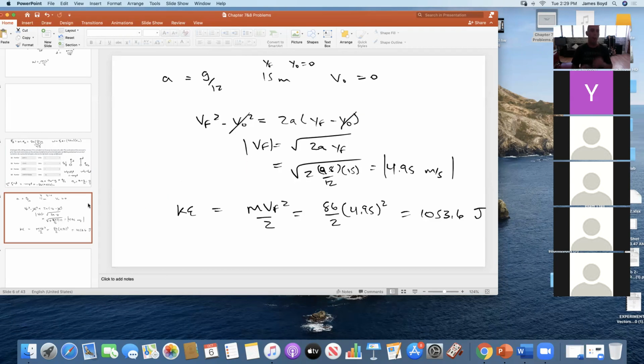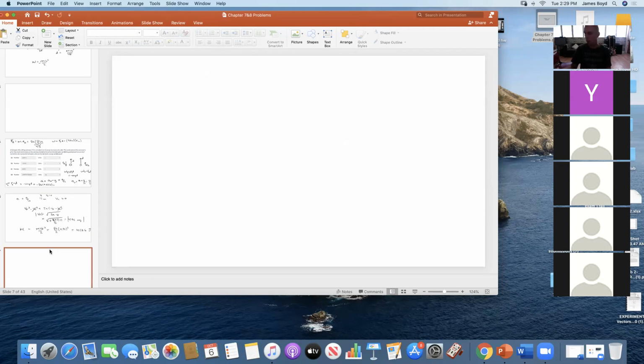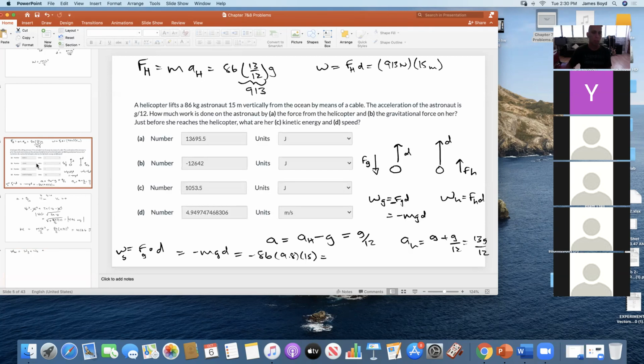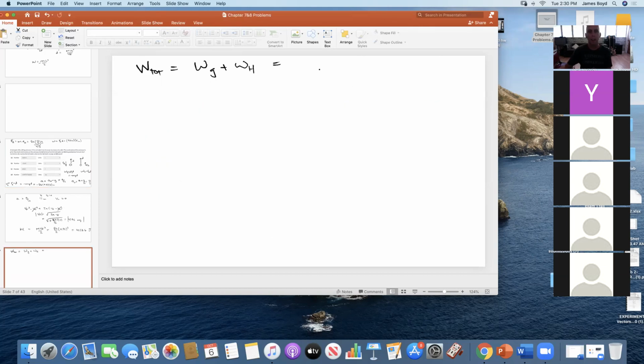The total work done on her is equal to the work done by gravity plus the work done by the helicopter. And that work has to be equal to the change in kinetic energy.